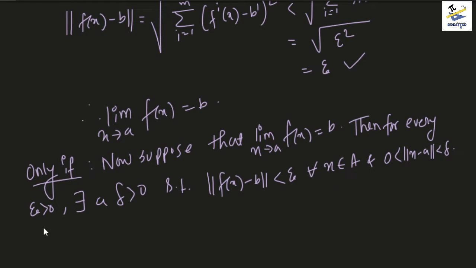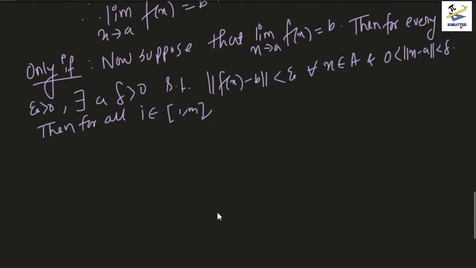But this also means then for all i belongs to 1 to m, we see that the modulus of f_i of x minus b_i is less than or equal to the norm of the whole thing, because this is just one component.